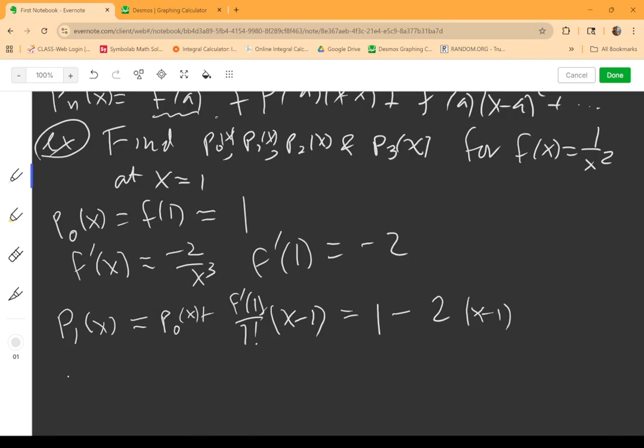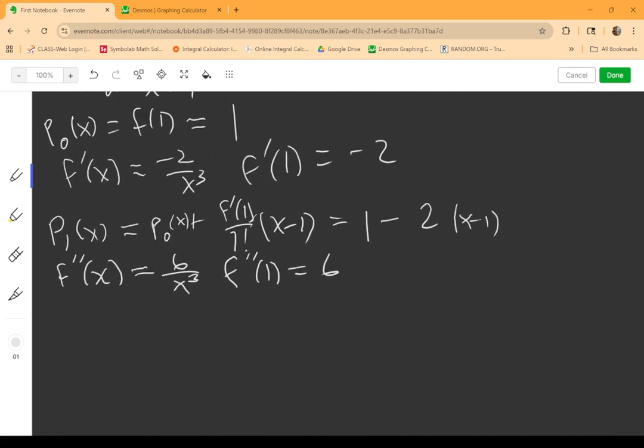Now for the second, P2, I need the second derivative. That's the first derivative, and the second derivative is going to be positive 6 over x cubed, negative 3 times negative 2, and f double prime of 1 is simply 6. Then P2 of x is simply P1 of x plus f double prime of 1 over 2 factorial times x minus 1 squared.